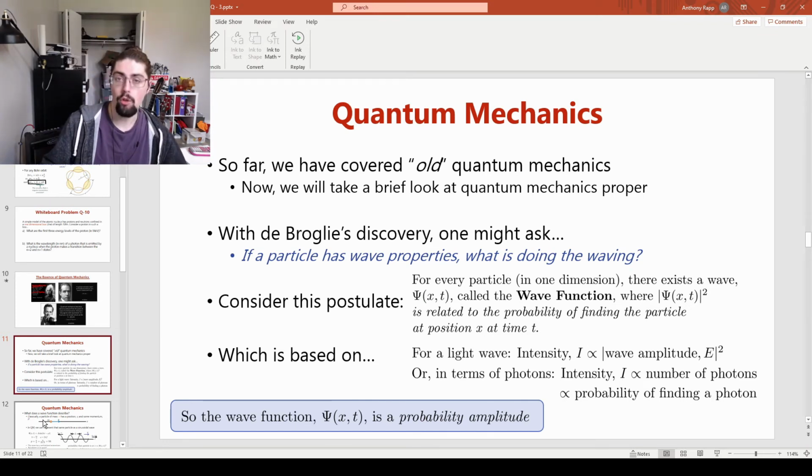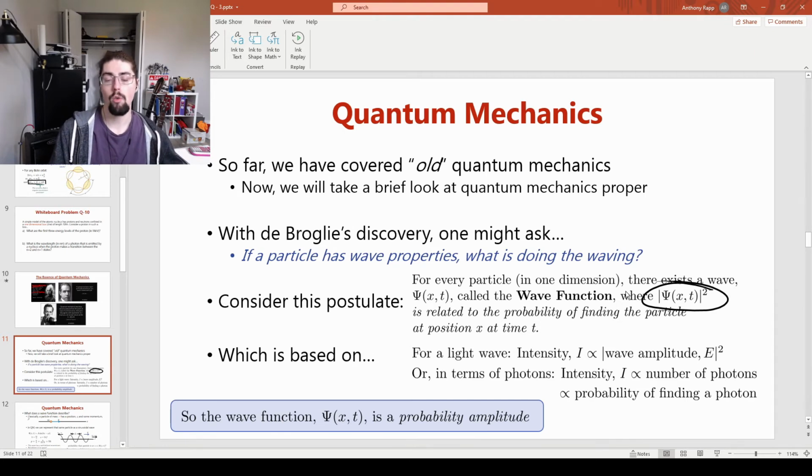Because, of course, it's the wave of the particle. And the wave function on its own is not necessarily telling us exactly where this thing is, but if we square the wave function, we get what we call a probability function, or a probability amplitude, that tells us where the particle might be, if we were to measure it.